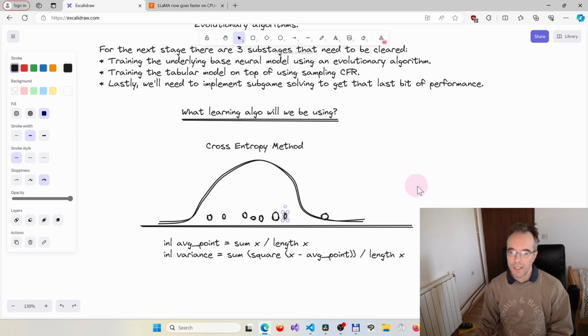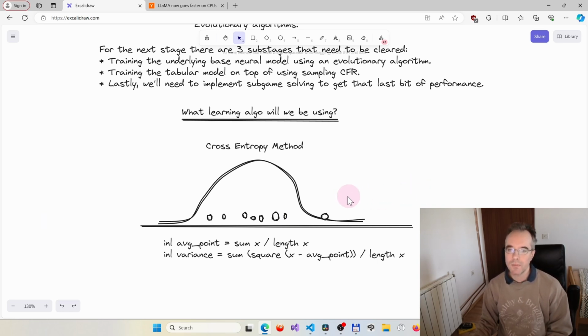Now, here is what the cross entropy method does. Suppose we generate a bunch of points like that. And in the cross entropy method, they won't be just points in one dimension, but in many more dimensions. We'd run the game using these points, we'd run the simulator and get the reward at the end.